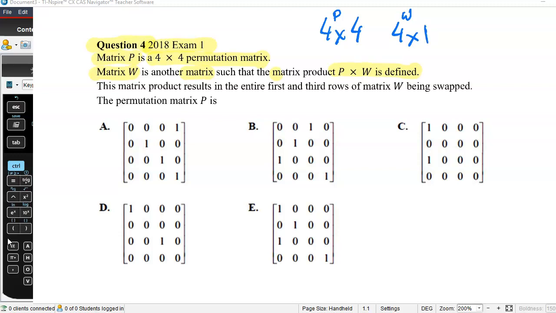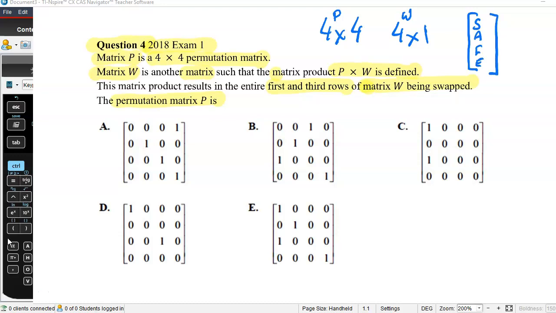This matrix product results in the entire first and third row of matrix W being swapped. Alright, so if we want to think about that, we could have a 4-letter word. Let's have a similar word, safe.